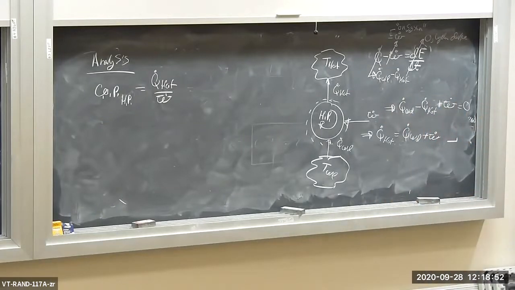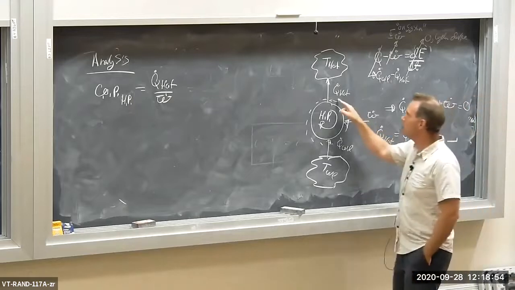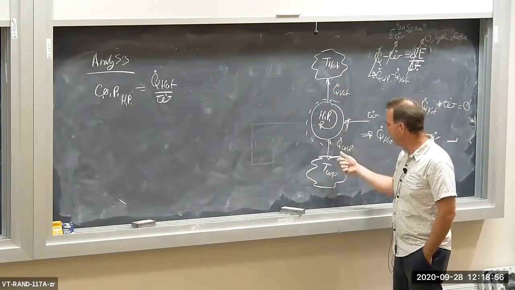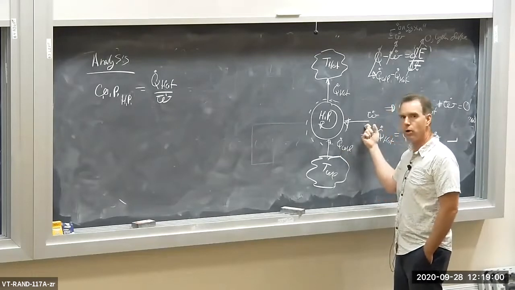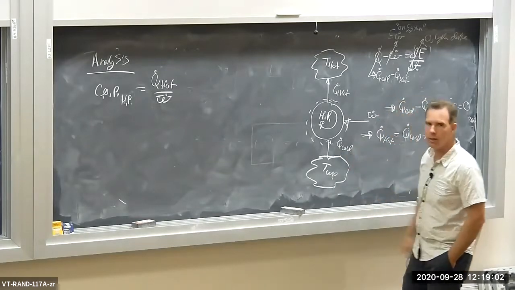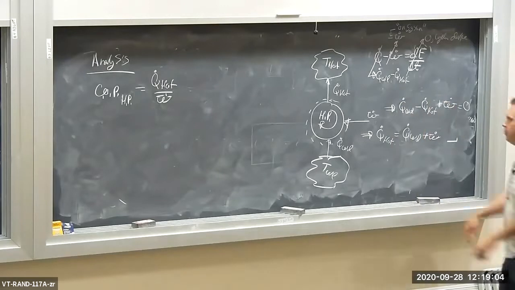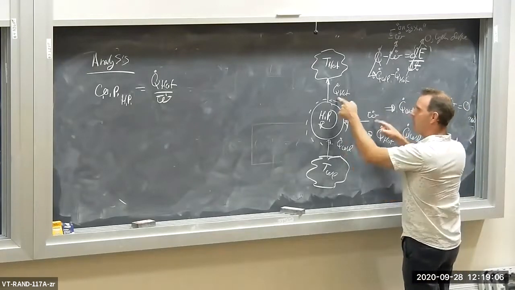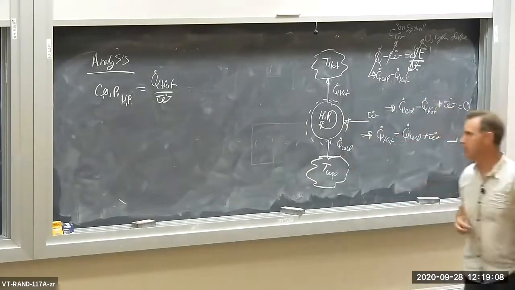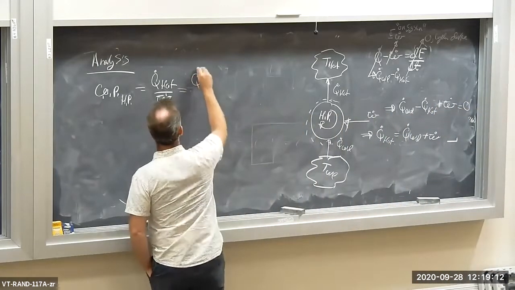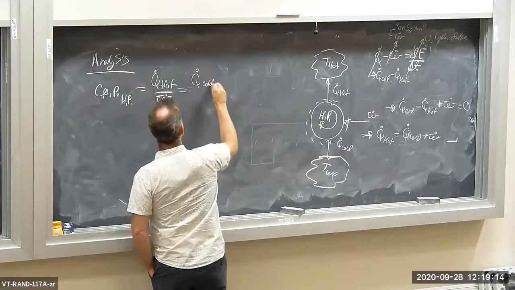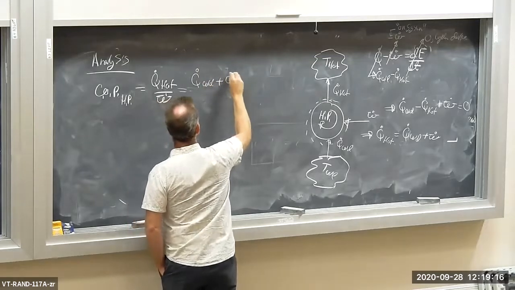So the heat transfer to the hot place is equal to the sum of the heat transfer from the cold place and the work done to push the heat from cold to hot. These two added together is equal to the heat transfer to the hot place.